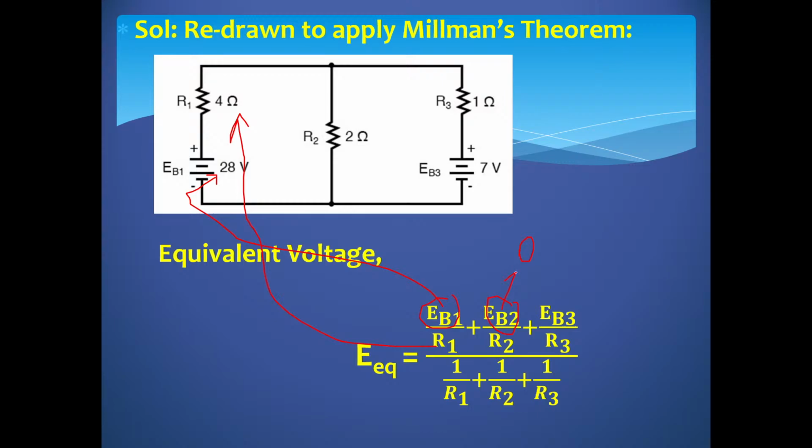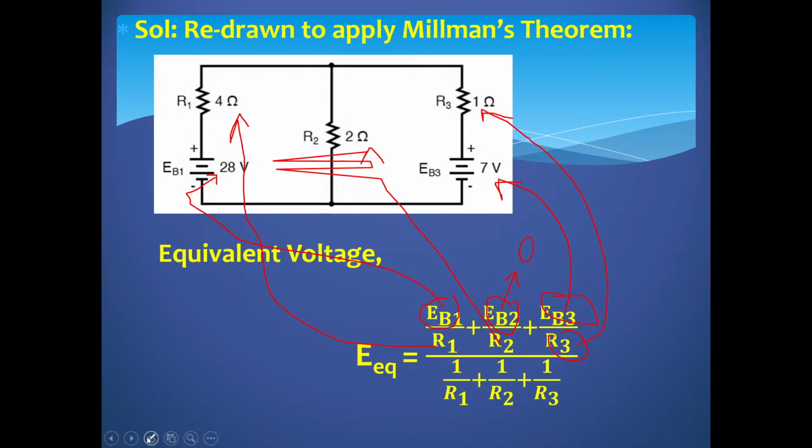What is R2? R2 is 2 ohms. And similarly EB3 is 7 volts. And what is R3? R3 is 1 ohm.